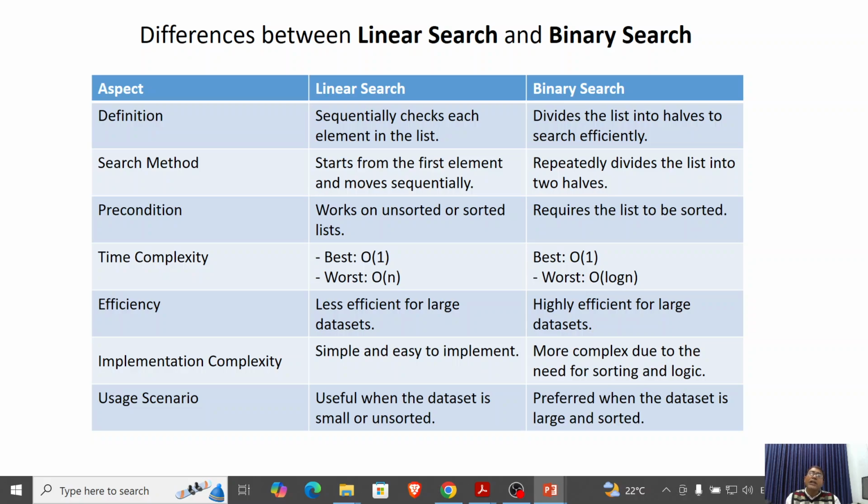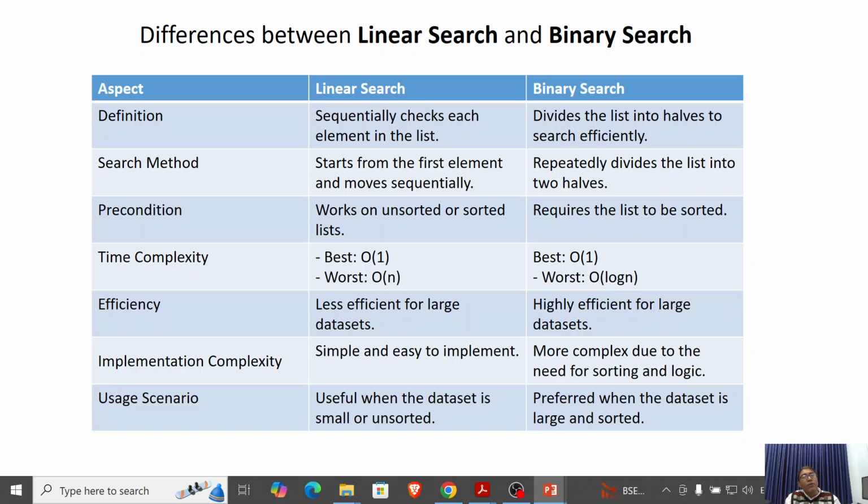For binary search, it repeatedly divides the list into two halves. So this is the way the elements in the list get reduced by half. Precondition: there is no precondition for linear search. It works on an unordered or sorted list, but binary search requires the list to be sorted.